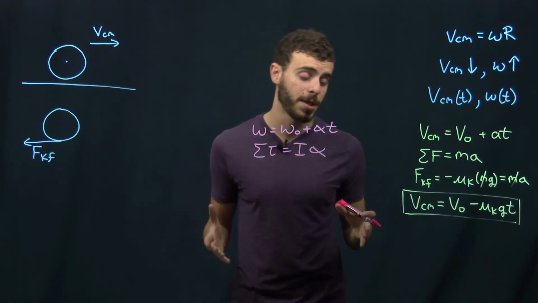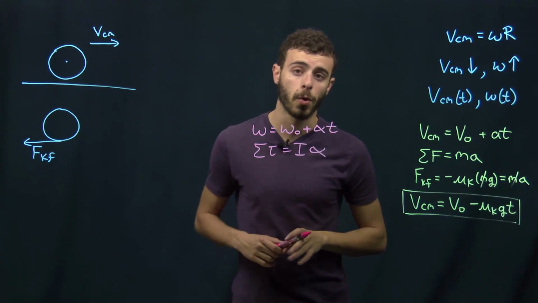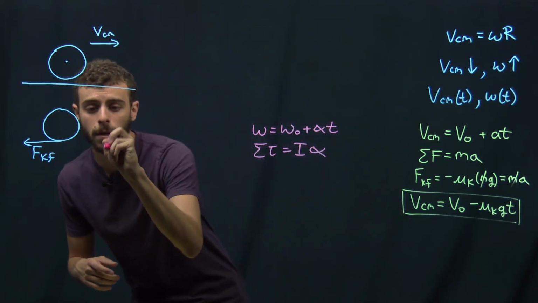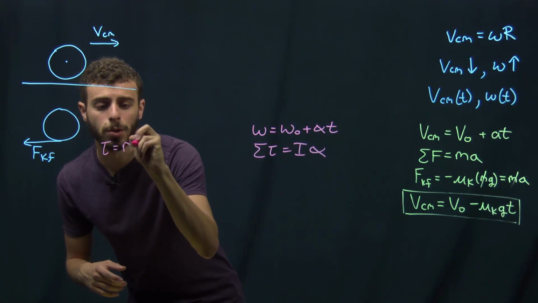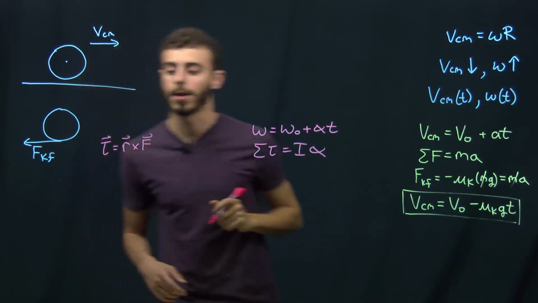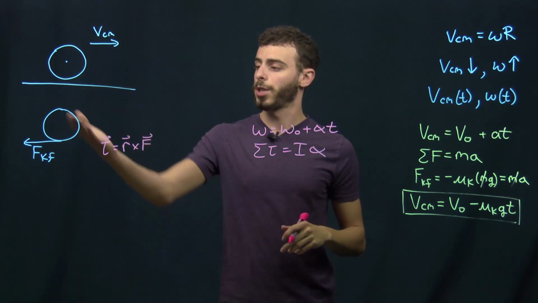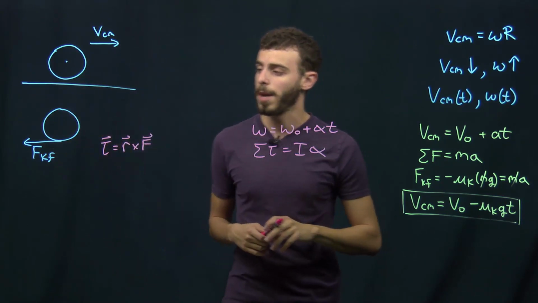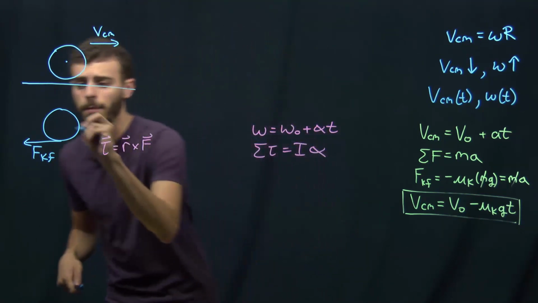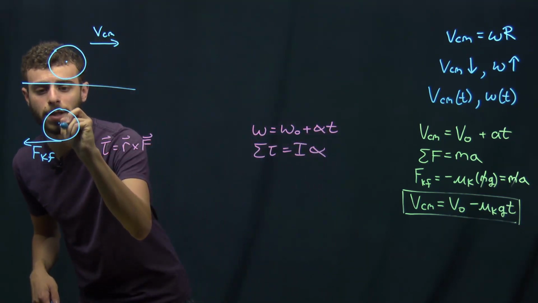So this is Newton's second law in rotational form. And the only extra step we have here is that we have to recall our torque is not just the force. Our torque now, and I'll write this over here, is always going to be equal to R cross F. So this torque is a vector, R and F are vectors. So we can solve for this just by looking at our free body diagram here. We see that we are applying some force away from the center of mass, so it's going to have some torque.